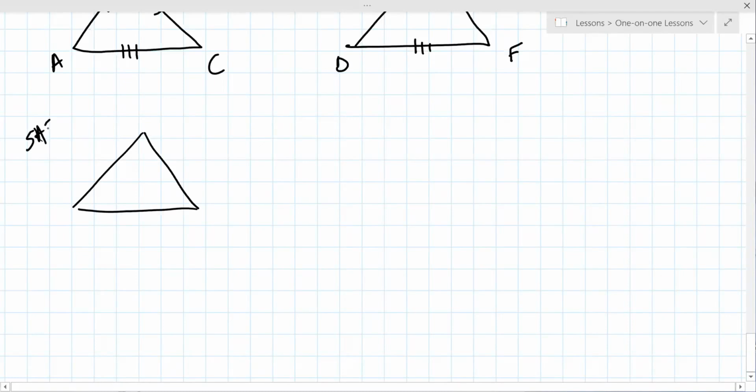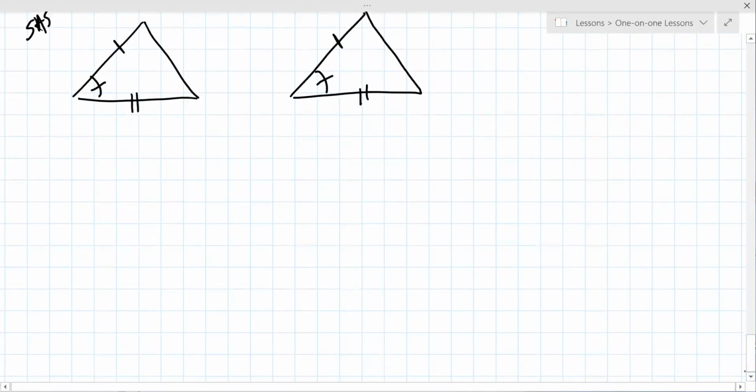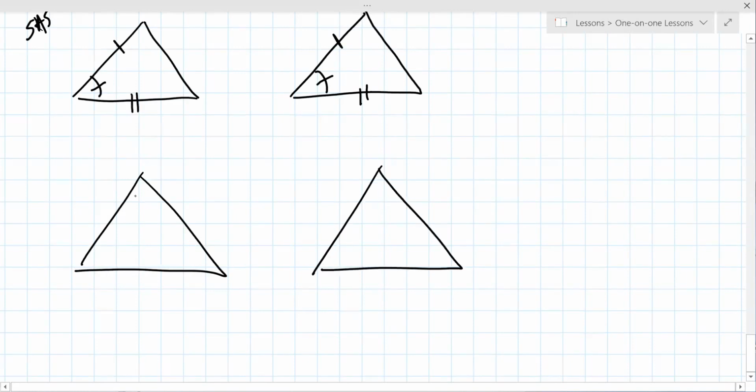So there's a lot of ways we can draw it. So for example, let's say we're focusing on this angle being congruent to this angle. So we need this side congruent to this side with one mark, this side congruent to this side with another mark. But let's say you somehow had this angle congruent to this angle. Well, then you would have to show that this side over here is congruent to this side over here. And then similarly with these other ones.